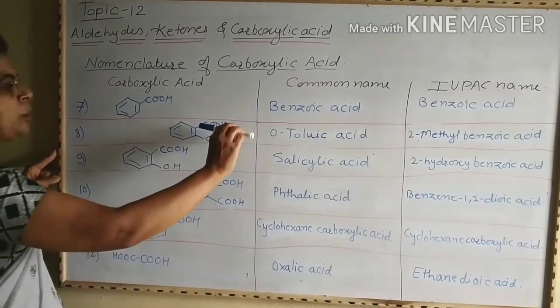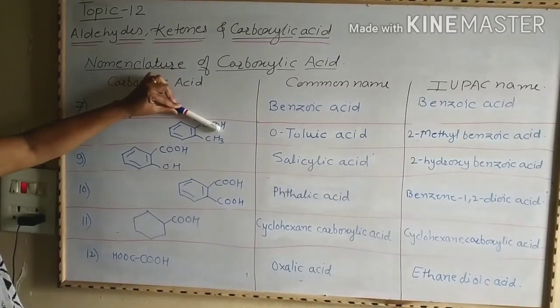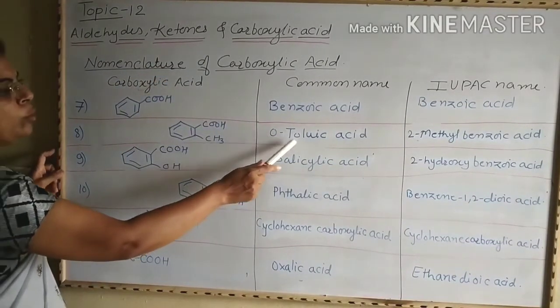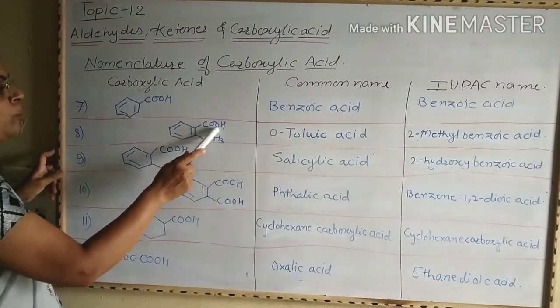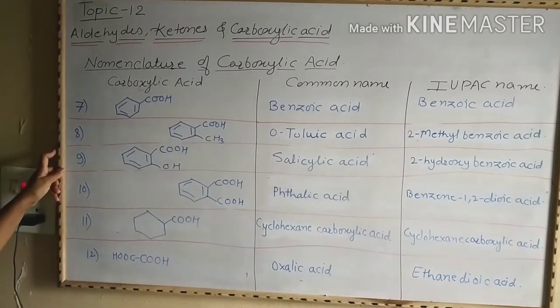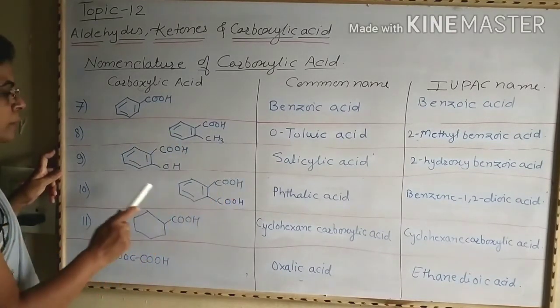Now if we remove COOH group, then it becomes toluene. That is, at the ortho position of methyl group there is COOH group, therefore common name of this compound becomes orthotolic acid. IUPAC name of this compound is 2-methyl benzoic acid.